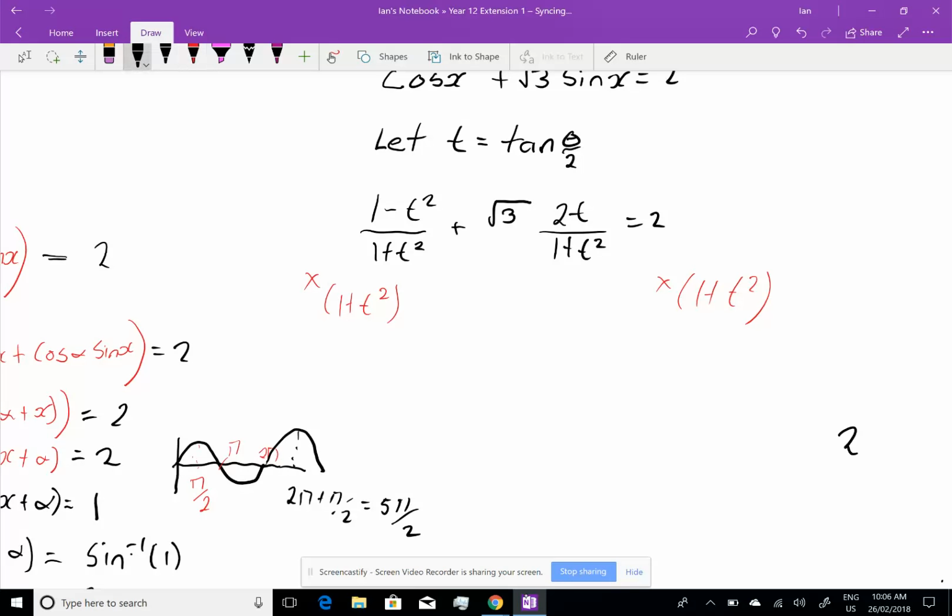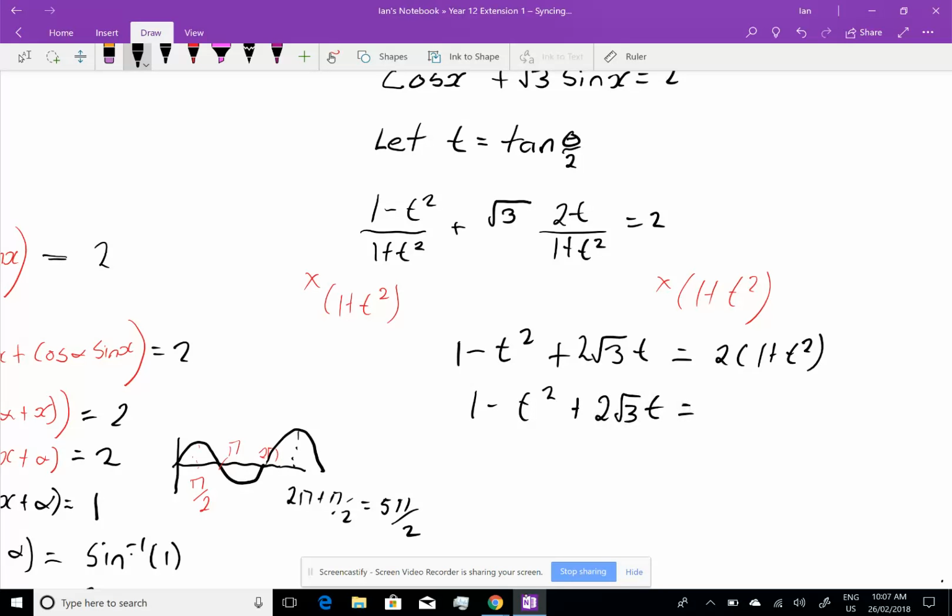And that'll give me 1 minus t squared plus root 3 times 2t, or 2 root 3 t, equals 2 outside of 1 plus t squared. 1 minus t squared plus 2 root 3 t equals 2 plus 2t squared.